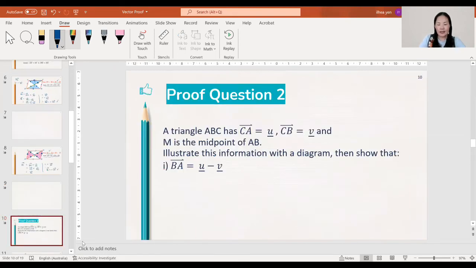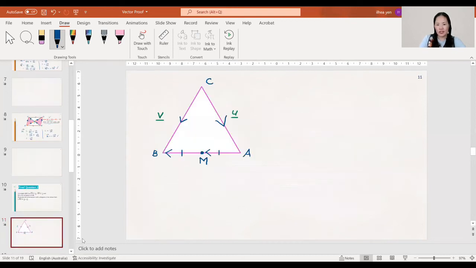A triangle has vector CA equals vector U, vector CB equals vector V, and M is the midpoint of line AB. Illustrate this information with a diagram, then show part 1, vector BA equals vector U minus vector V. So I just illustrate that. Vector BA equals, okay, so it's going BA this way.